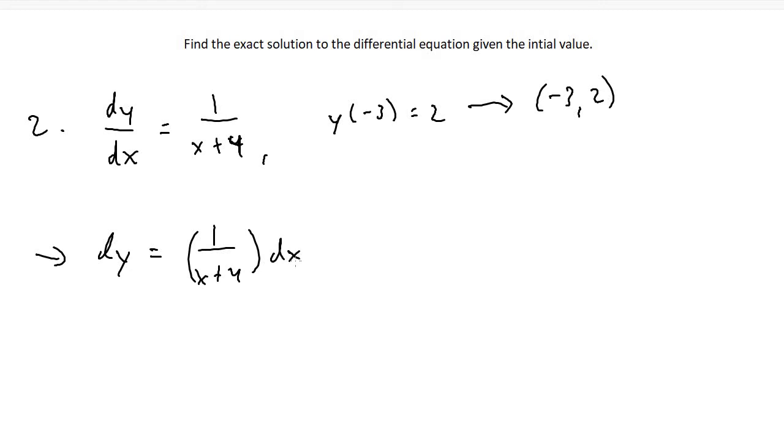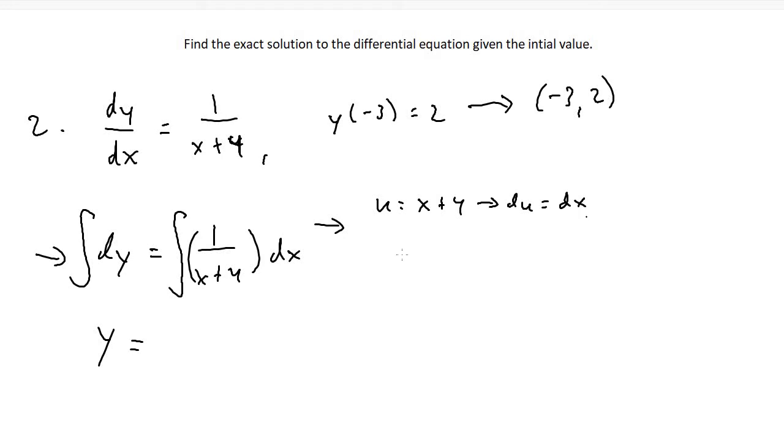So now that we have separated our variables, we can integrate both sides. Integrating dy is pretty easy because the answer is just y. And to integrate 1 over x plus 4, we have to use u substitution. So if u equals x plus 4, then du is equal to just 1 dx, or dx. So if I substitute that back into the integral, I'll get the integral of 1 over u du.